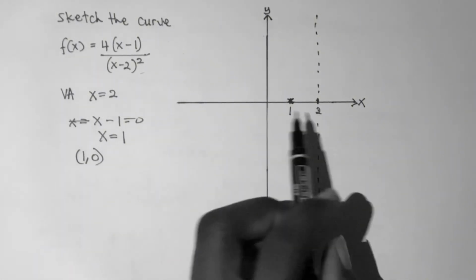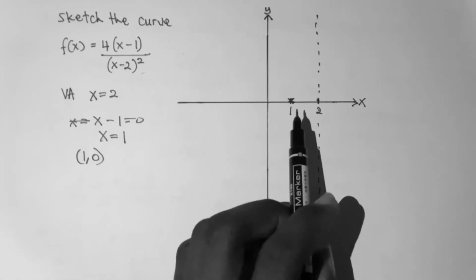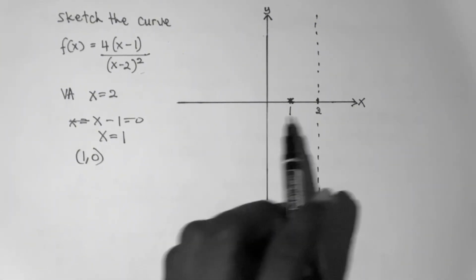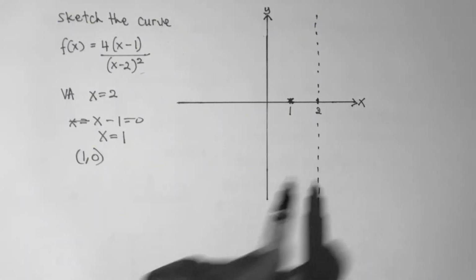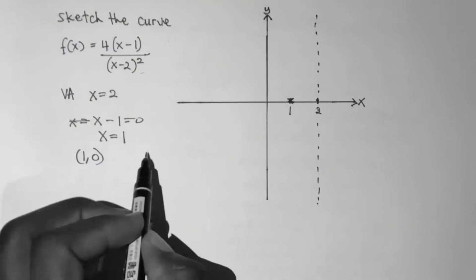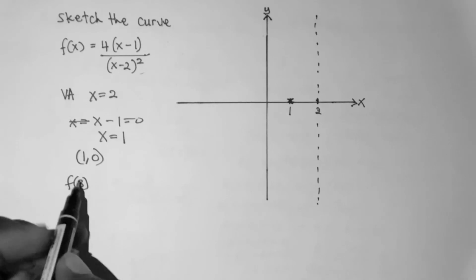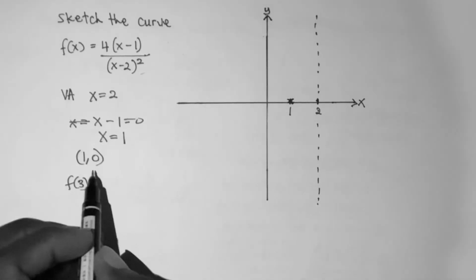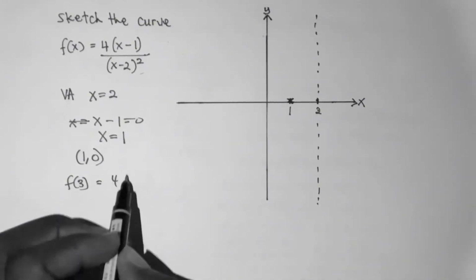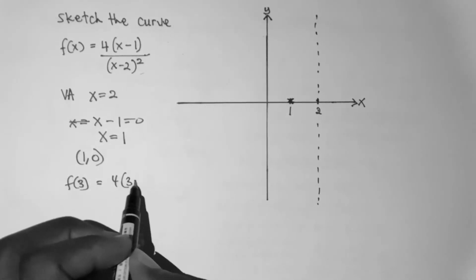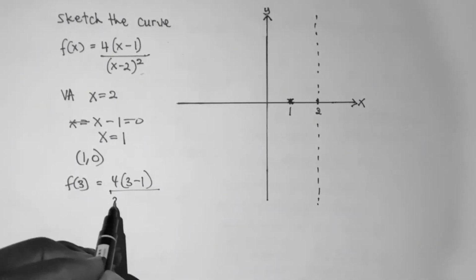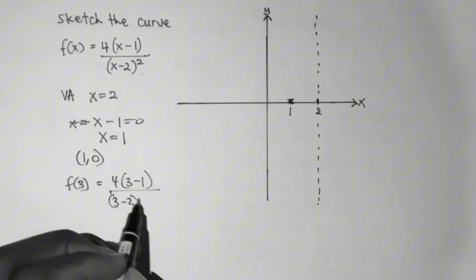Now let's find the nature of the graph in the various regions. So let's take values greater than 2. Let's find f of 3. What is f of 3? If we find f of 3, this is equal to 4 times (3 minus 1) divided by (3 minus 2) squared.